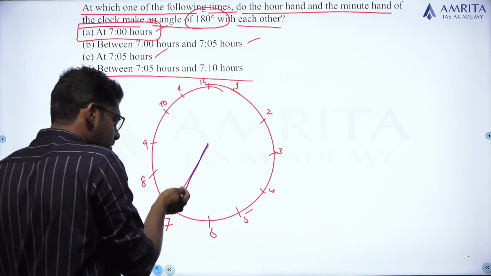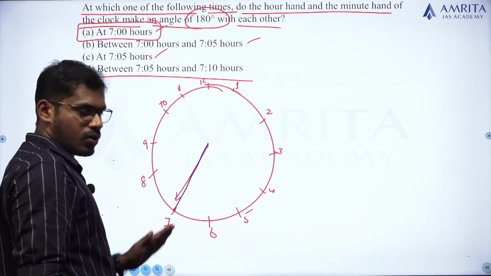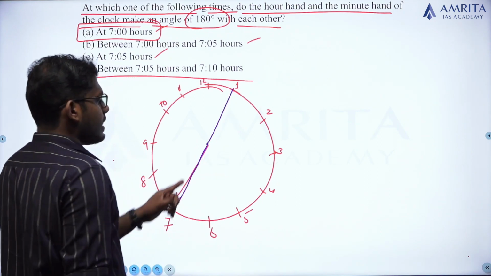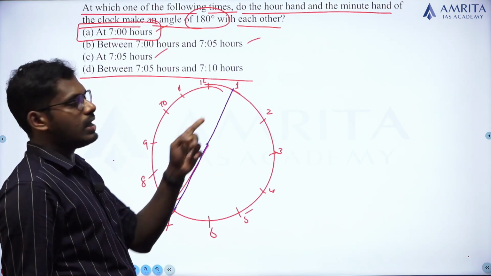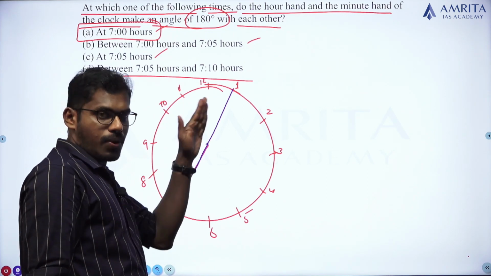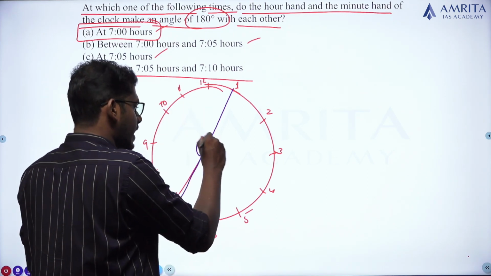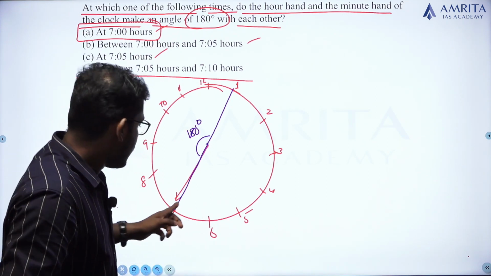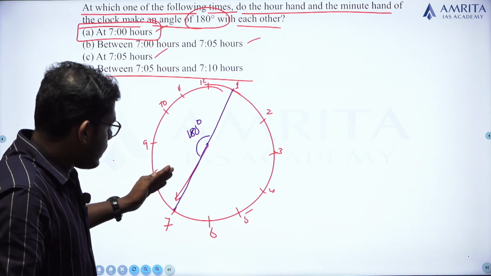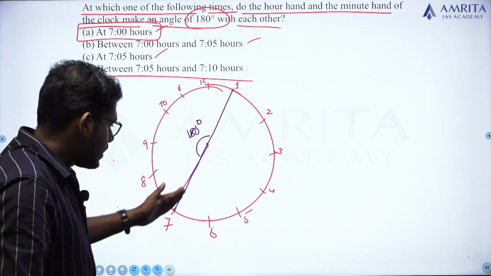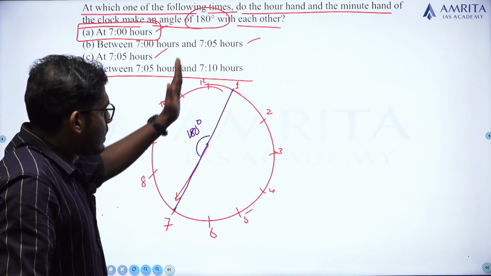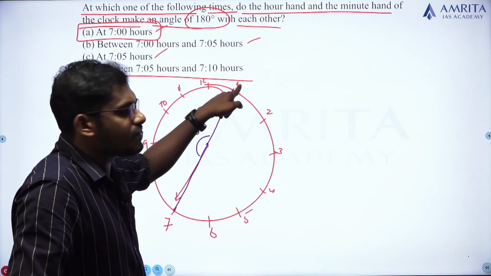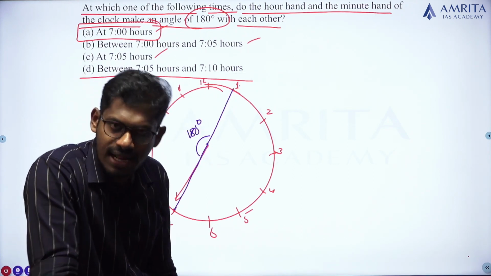If the hour hand is in the same line as 7, pointing directly towards 7, and it makes an angle of 180 degree, then the minute hand will definitely be pointing towards 1, so that it makes an angle of 180 degree. You got the idea? That is, if the hour hand is pointing towards 7, then the minute hand must point towards the digit 1, so that it makes an angle of 180 degree.